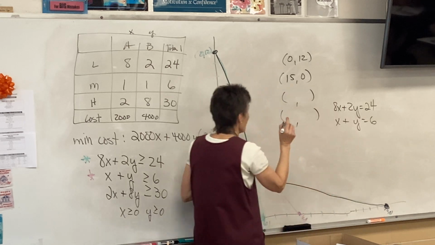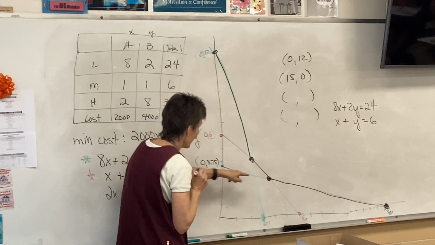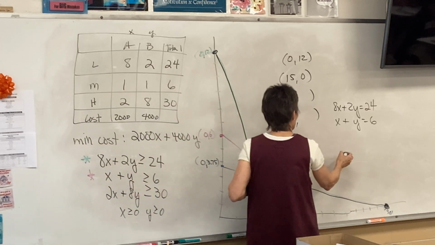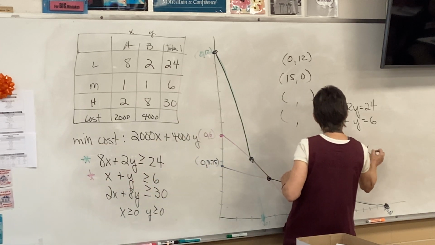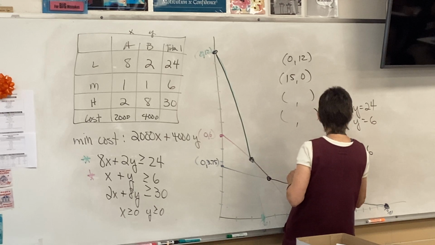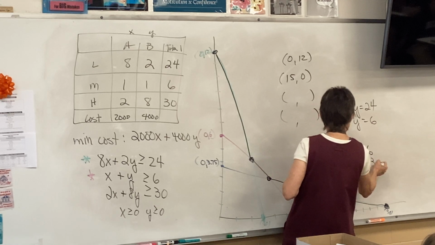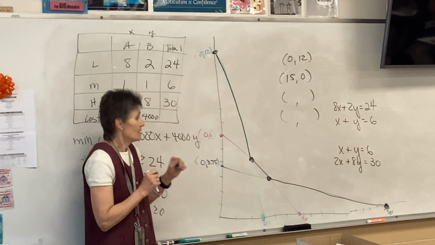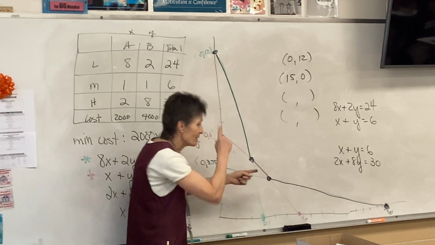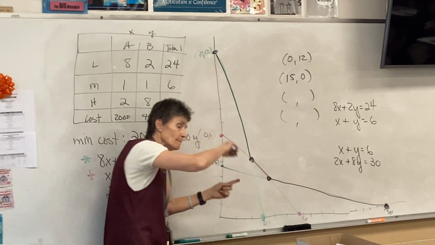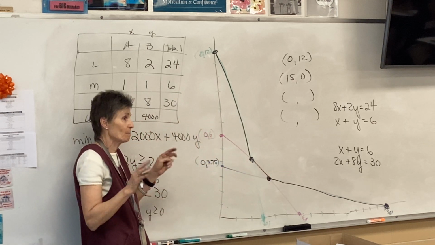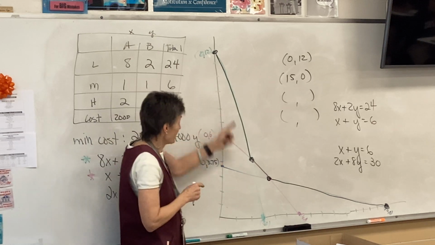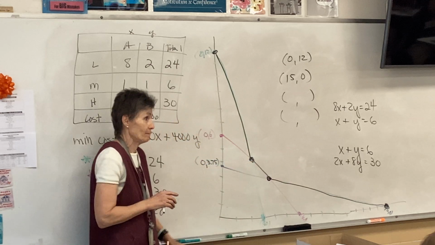That's going to give me one of my points. And the other one is the intersection of pink and blue, so x plus y equals 6, and 2x plus 8y equals 30. I am finding these points because they are corners of my feasible region. And one of those points is going to be the answer to the question.